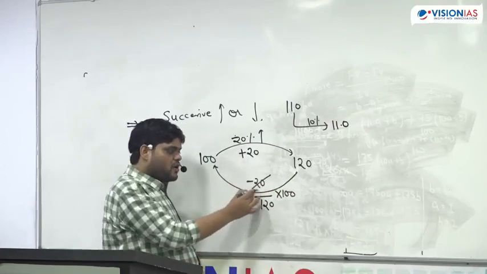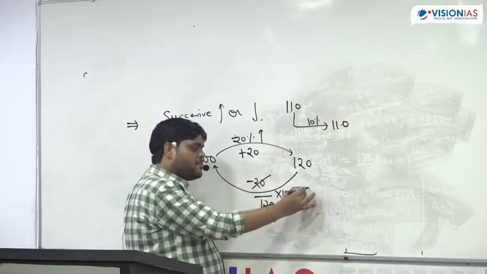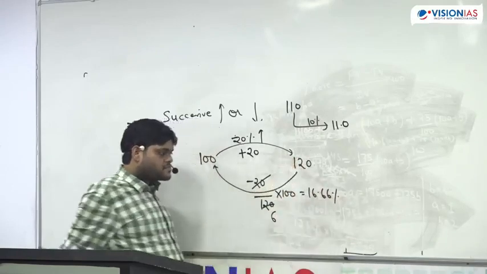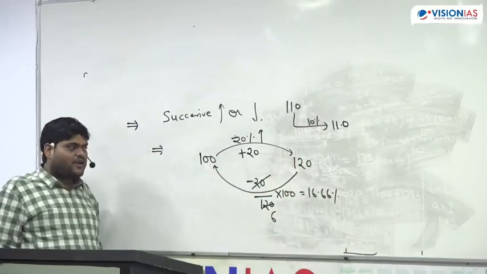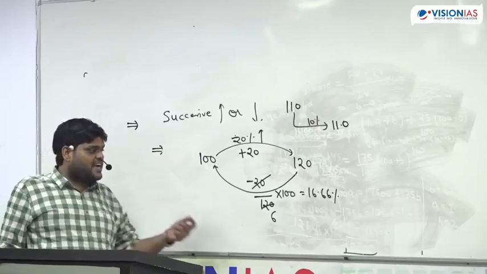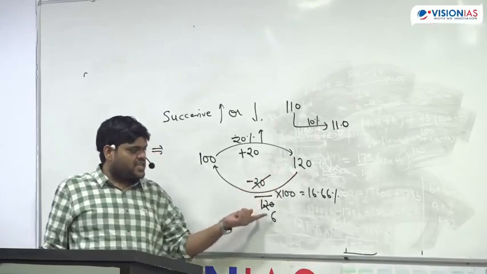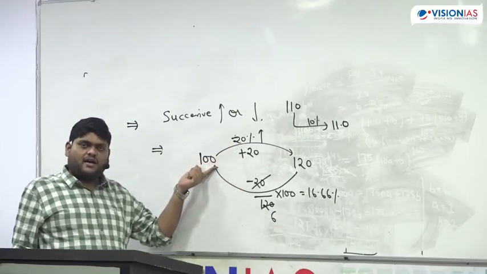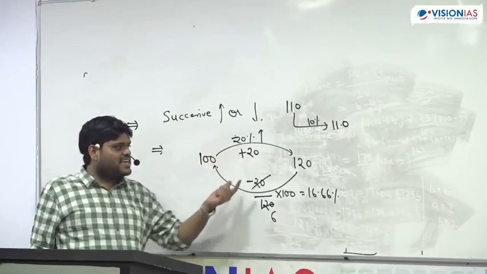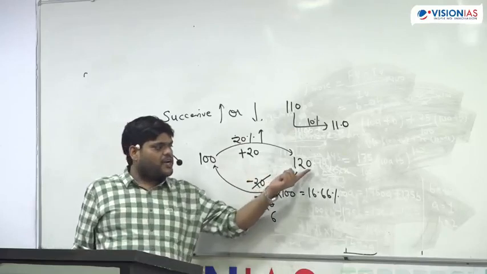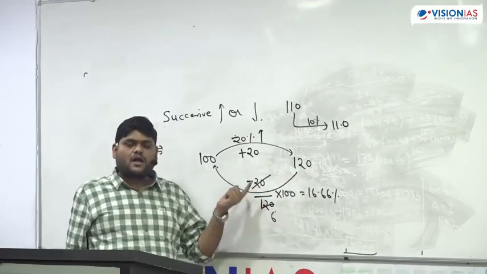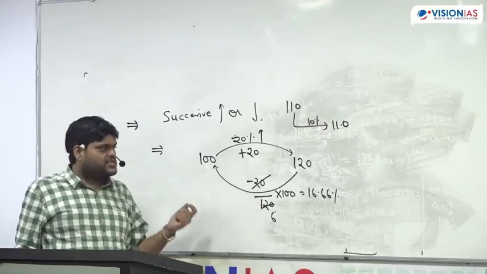And if you solve this, it will come as 16.66%. And why is this changed? The change is because the base value is changing. Initially the increment was on 100, but now the decrement we are doing on 120. So the base value is changing.